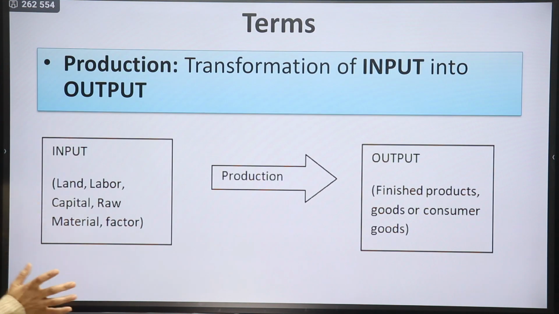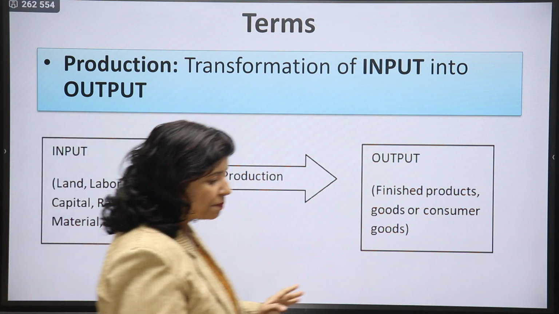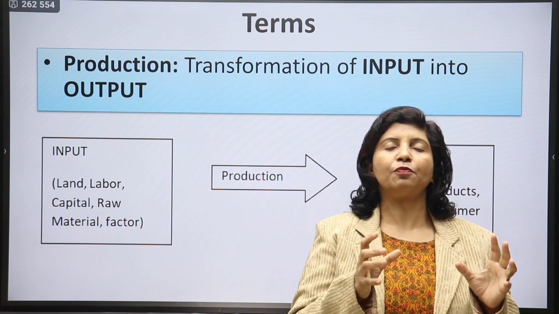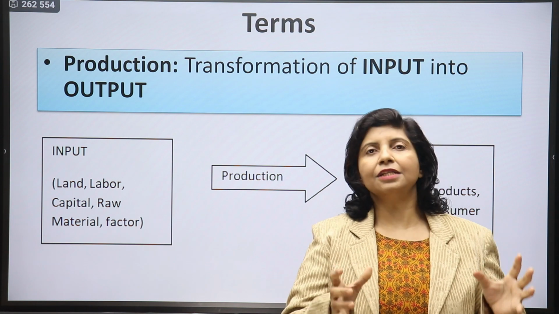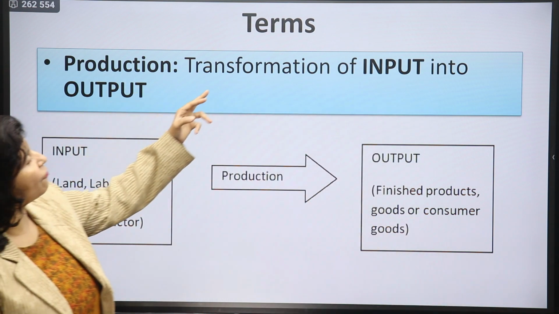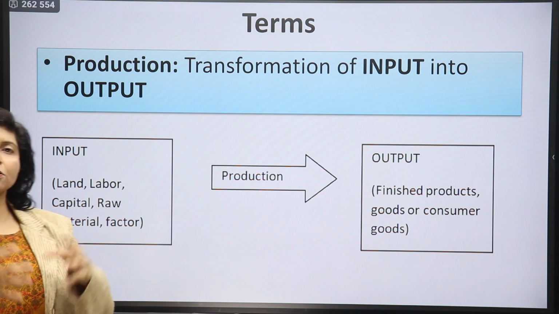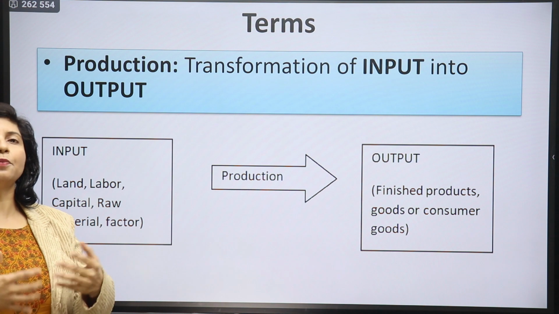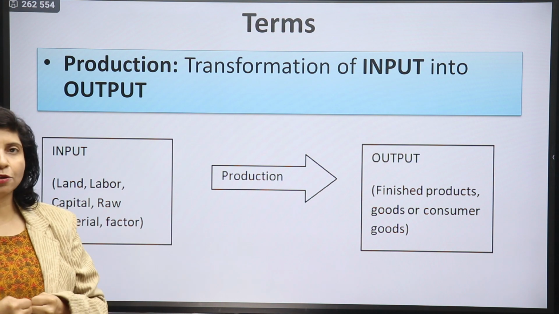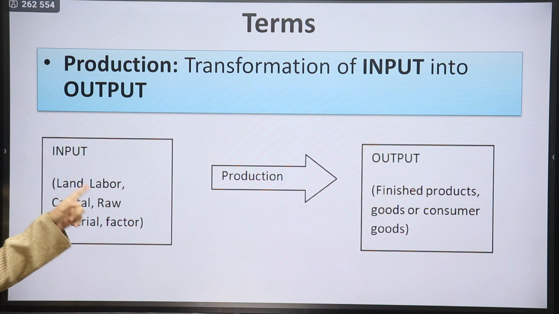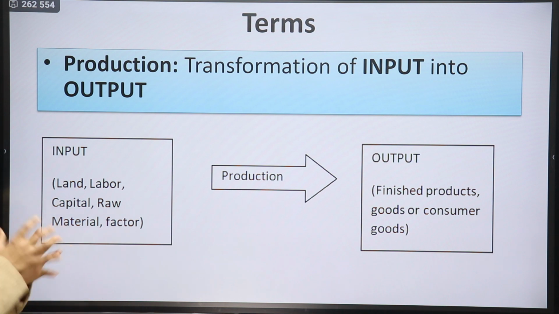Terms. First of all, we need to understand what is production. Production basically is the process wherein we use certain raw materials, certain factors of production and produce certain commodity, that is goods, etc. So what is production? Transformation of input into output. When we produce certain things, goods that are sold in market, if we are the producer, then we will have to use certain inputs. These inputs are basically the factors of production, that may be land, labor, capital, raw material and other factors of production that are used in the process of production.